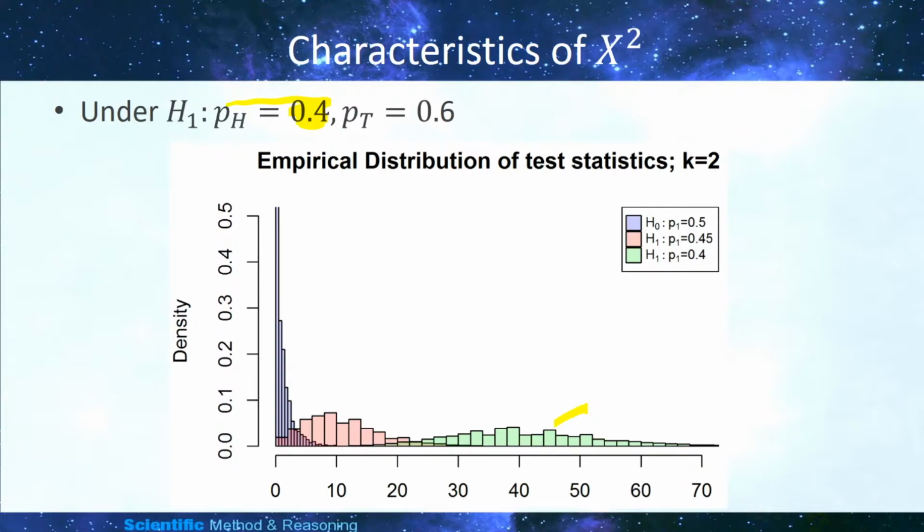With the true value of the proportion further away from the hypothesized value, the value of the test statistic tends to be much, much larger. That echoes the argument that a large value of the test statistic is in favor of the alternative hypothesis.